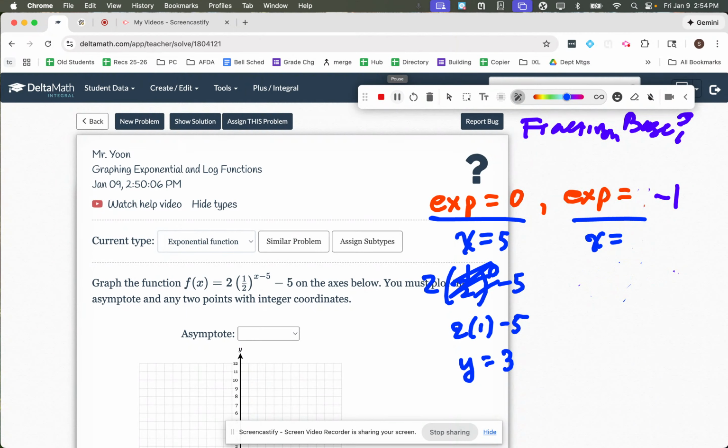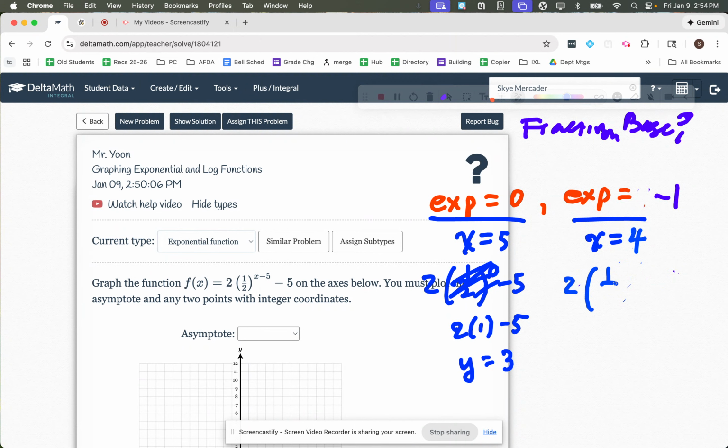And so let's see why. If we make the exponent -1, then we've got to choose an x of 4. Okay, so now what we're going to see is 2 times 1/2 to the -1 minus 5 is going to be our y. Well, when you apply -1 to a fraction, you make the bottom and the top have a negative exponent, which means they switch sides.